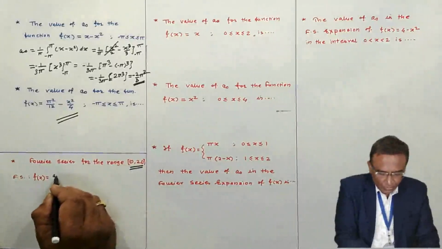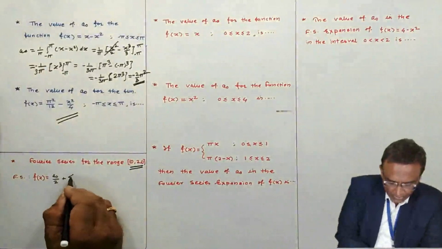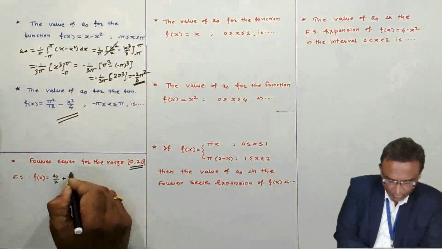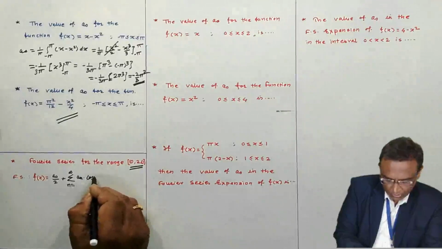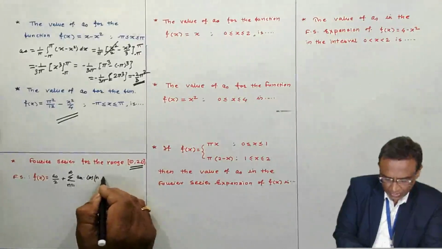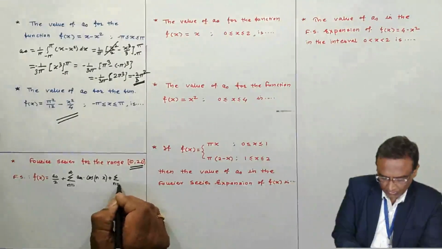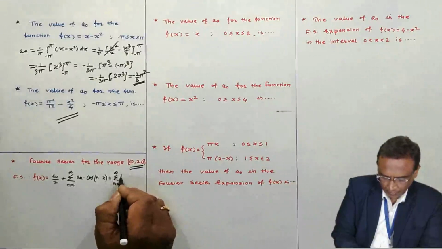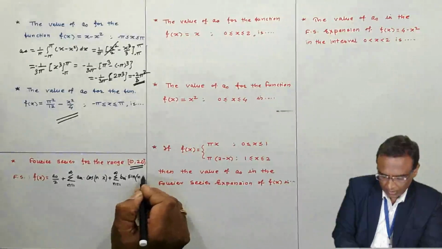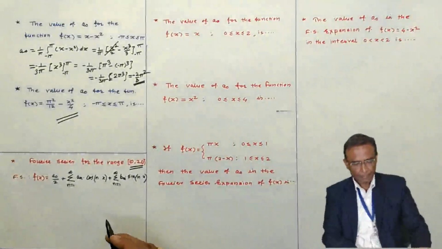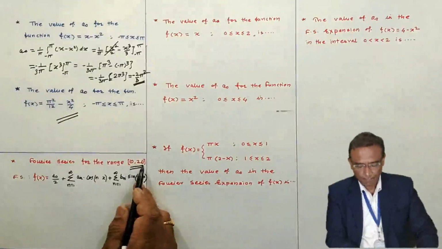See, a0 by 2 plus summation n varies from 1 to infinity of an cos of nx, and I am intentionally leaving space, plus summation n varies from 1 to infinity of bn sin of nx, like that. This is the Fourier series formula for 0 to 2 pi.